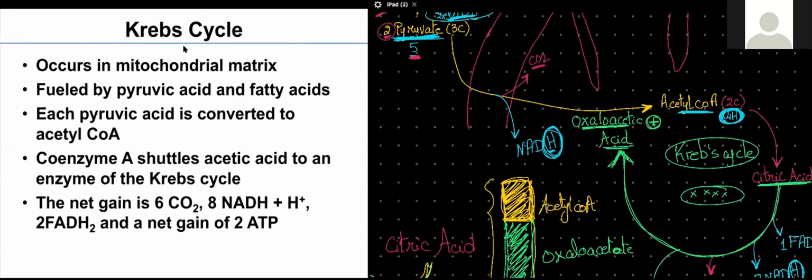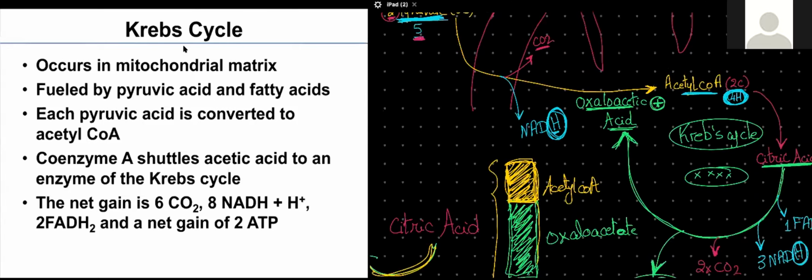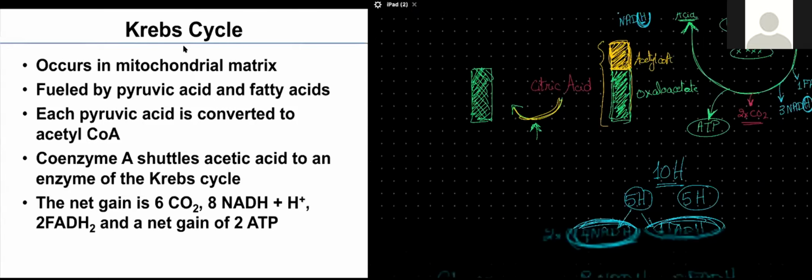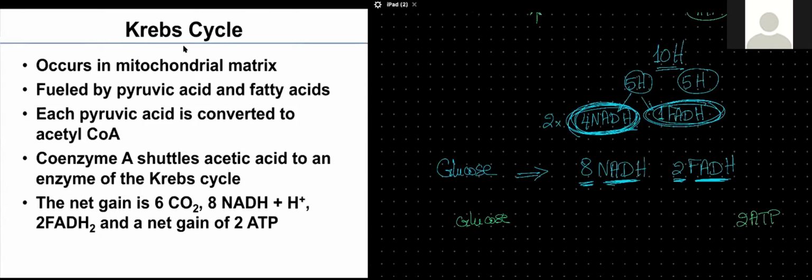The transformation of the pyruvate into acetyl-CoA and the Krebs cycle reactions, all this is going to be yielding 8 NADHs, 2 FADHs, and 2 ATP from each glucose. Why? Because simply you're going to have 2 Krebs cycles per glucose, as you do have 2 pyruvate.